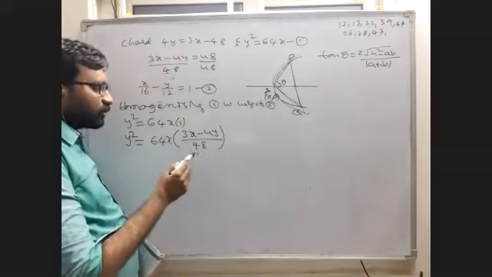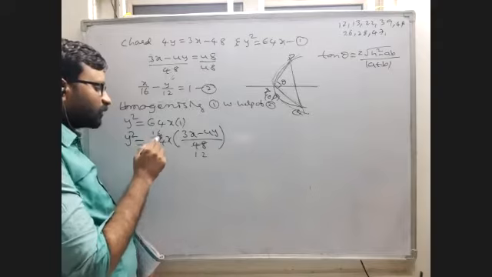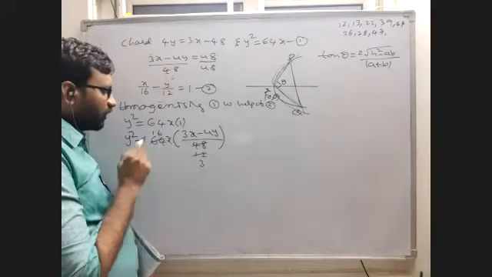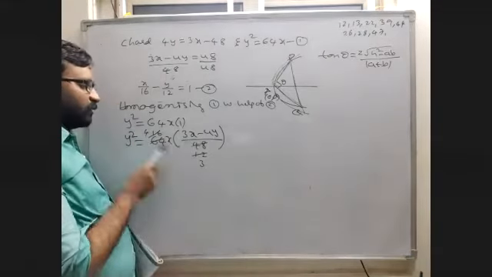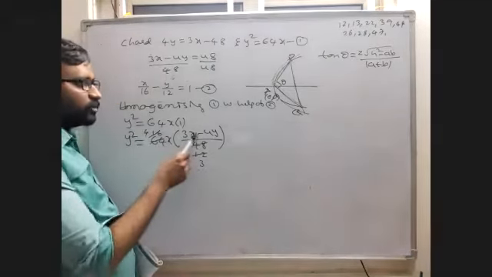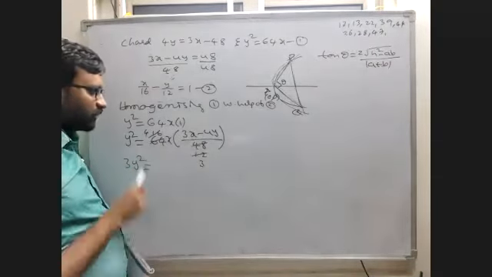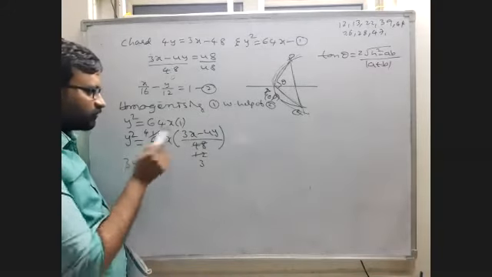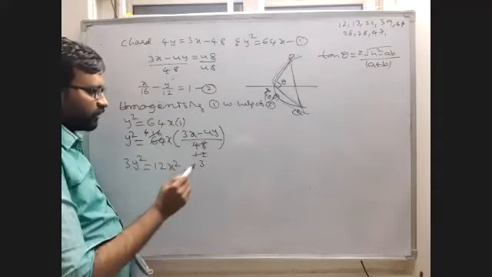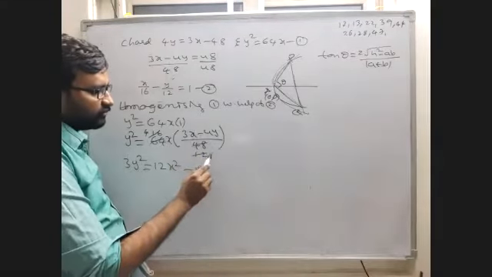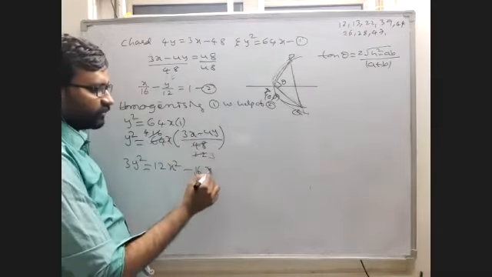Now here, in the 4 table, 4 1s are 4, 4 2s are 8, 4 12s are 48, so 4 by 3 remaining. Into this one, I am taking 3 this side: 3y square is equal to 4x into 3x, that is 12x square, minus 4 4s 16, with minus x into y, xy.